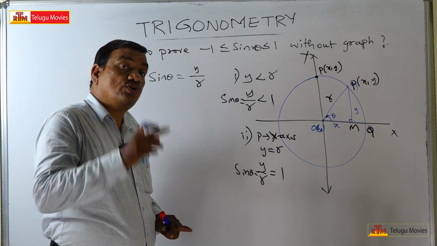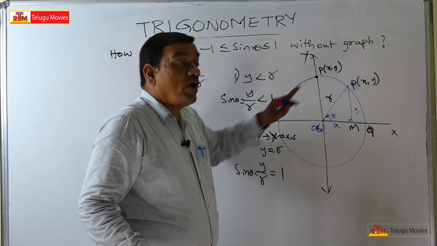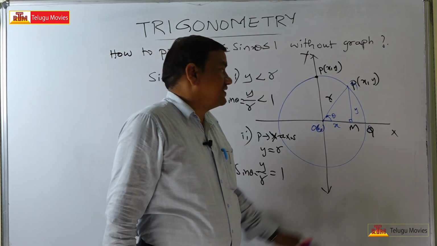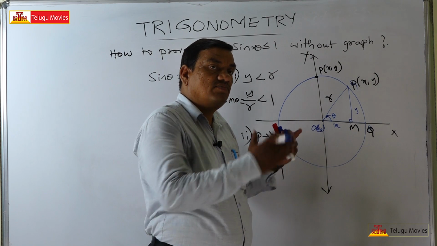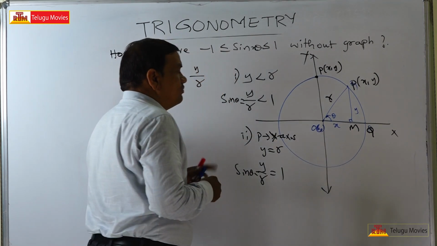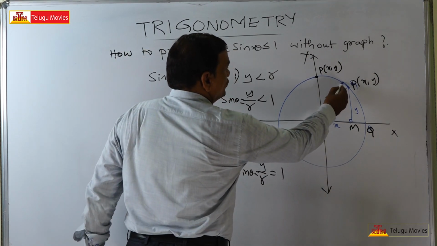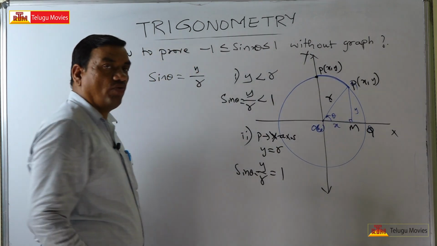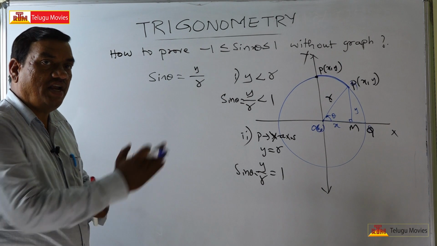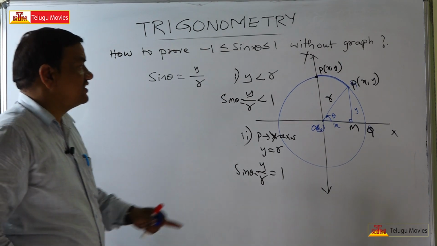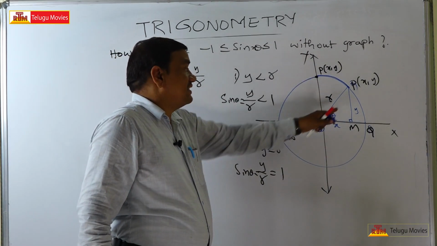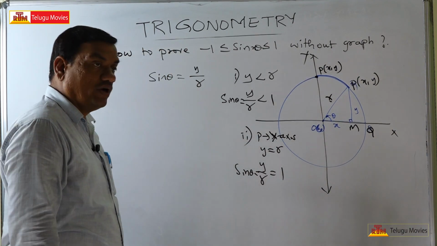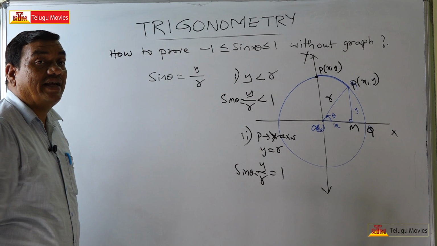Sin theta is equal to 1 when the point P(x, y) lies on the y axis, then the y value will become the r value. Why? Because as it moves towards the positive axis, y coincides with r. Y tends to r. At a certain stage when P is on the y axis, the y value and r value both will be the same. Therefore, y by r is equal to 1. Okay? Happy?